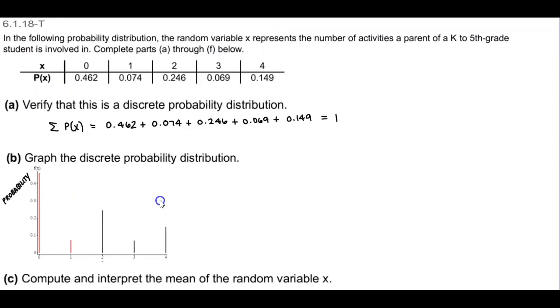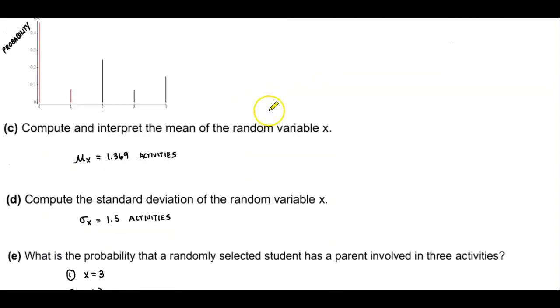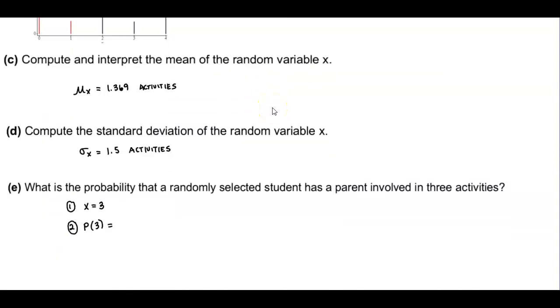If we go back up, we can see that when x is 3, the probability is 0.069. So the probability that a randomly selected student has a parent involved in 3 activities is 0.069.